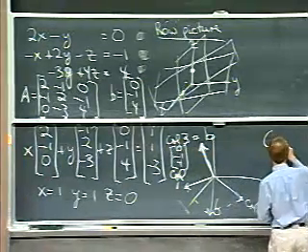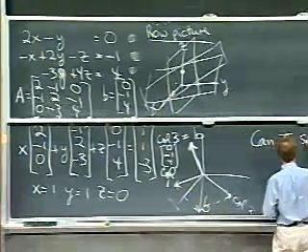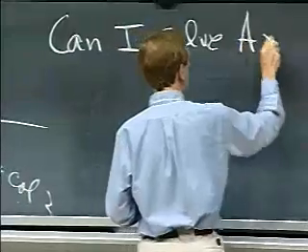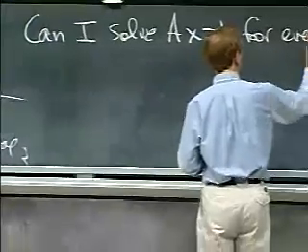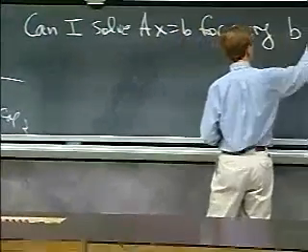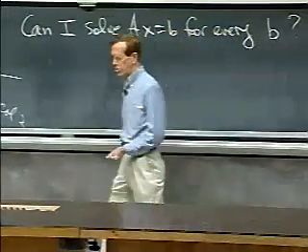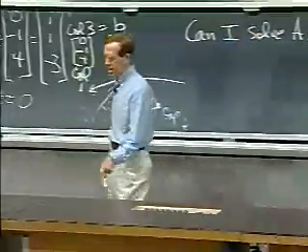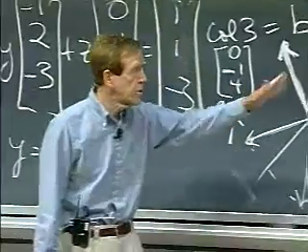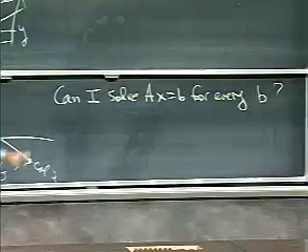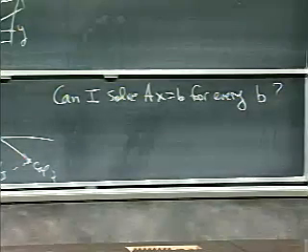Let me write that down. Can I solve AX equal B for every right-hand side B? I mean, is there a solution? And then, if there is, elimination will give me a way to find it. I really wanted to ask, is there a solution for every right-hand side?